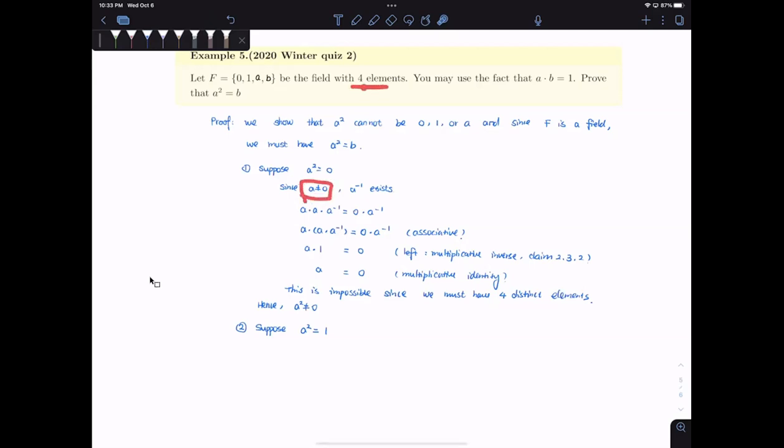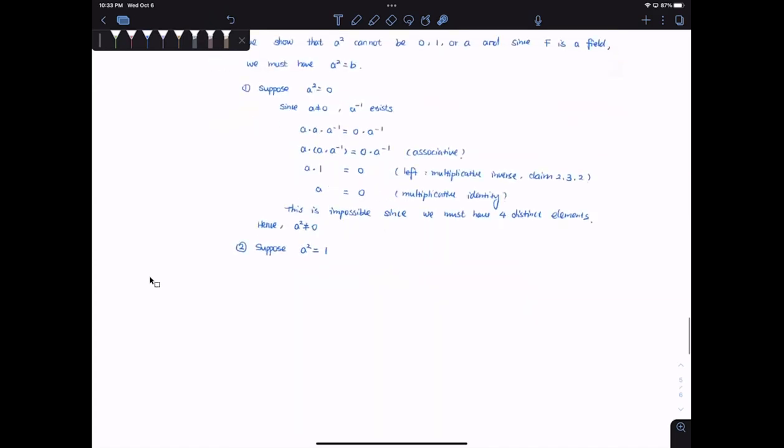Because we have 4 elements, so they all have to be different. Now, suppose this is 1. Then what do we have? By claim, I want to use AB equals 1. So let's say 2.3.3.